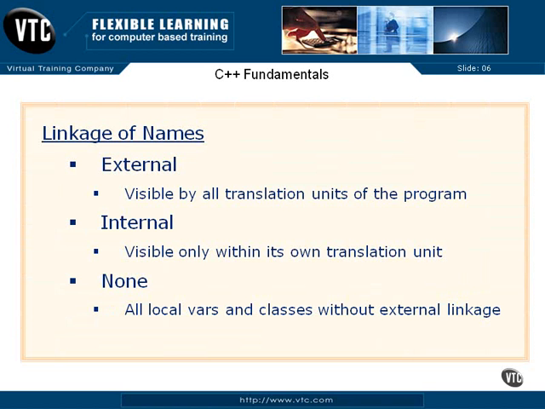It will only be visible to the other names and the other items that are within its source file. And then no linkage, that's all your local variables and classes that have been defined without external linkage. That's everything else, and there is no linkage to them.